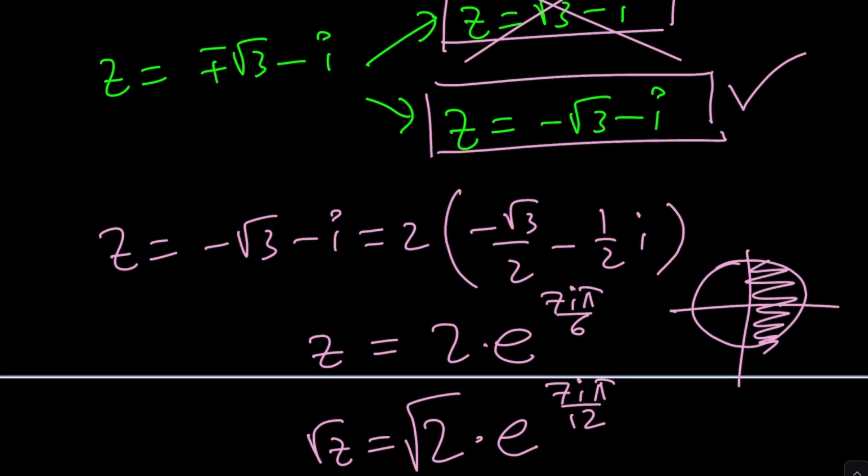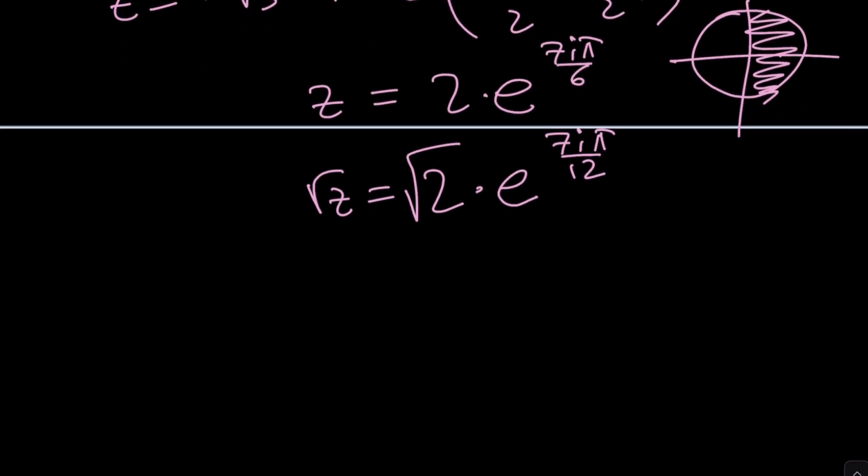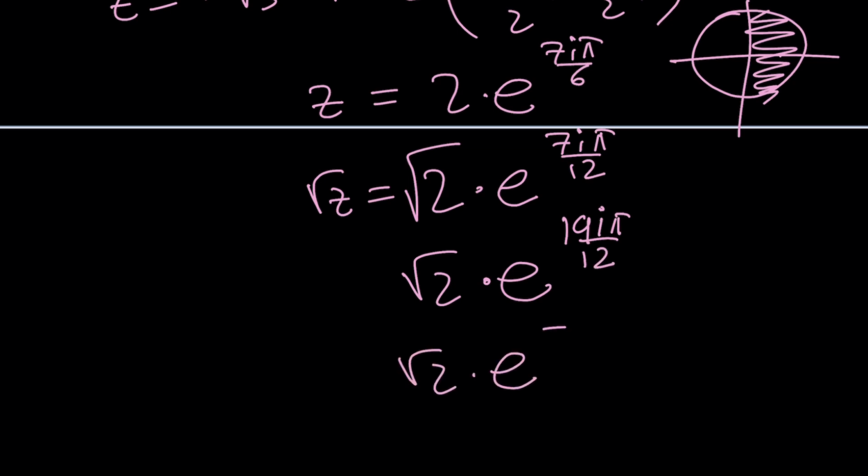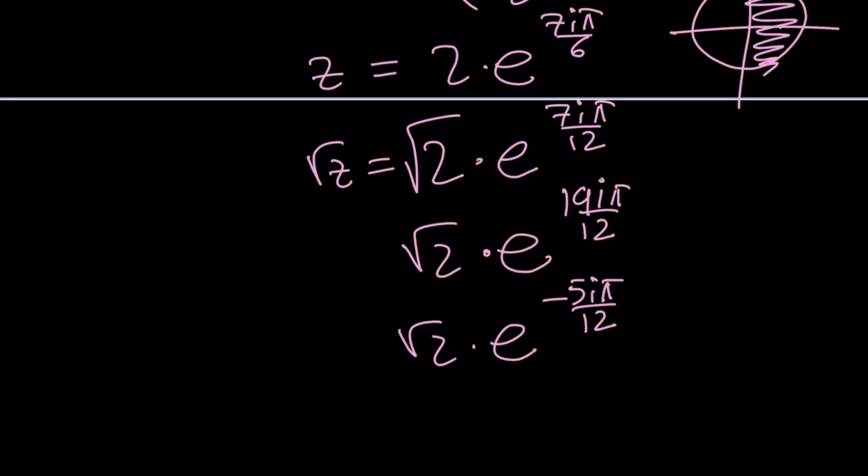So instead of this, I'm going to add pi to this and use 19 pi over 12. In other words, I'm going to write it as root 2 times e to the power negative 5i pi over 12. Basically, how I found that is I subtracted 2 pi from it because I want a negative angle. It's going to be in the 4th quadrant with a negative angle.